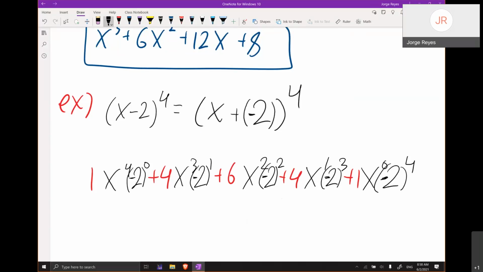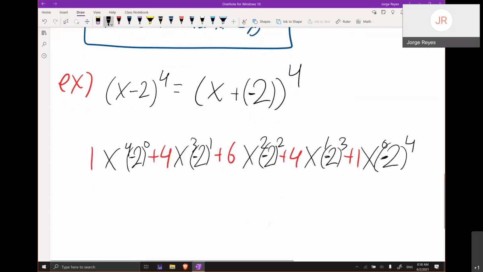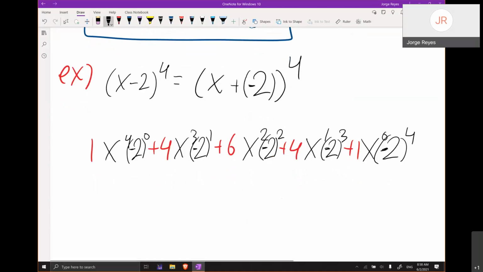All right, so it should be negative 2, which means something weird happens, right? So this is going to be x to the 4th. This is actually negative 2, so that means this is going to be negative 8 cubed. This negative 2 squared is actually 4, okay? So that means you get 4 times 6, positive 24 x squared.